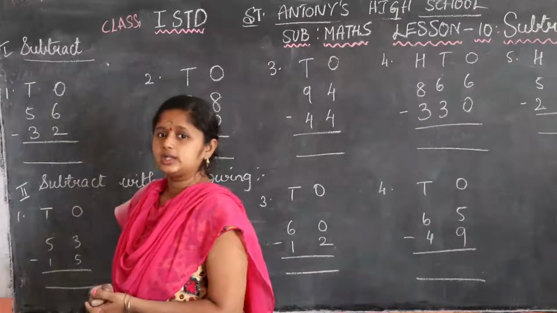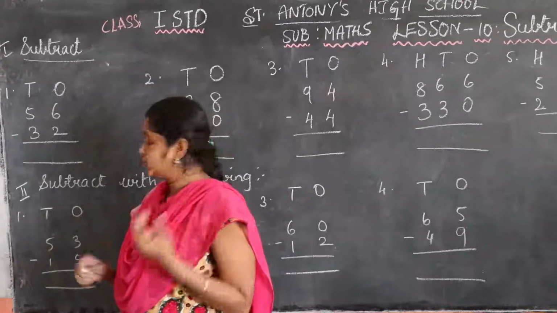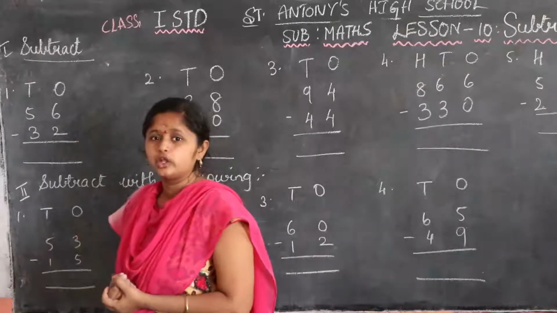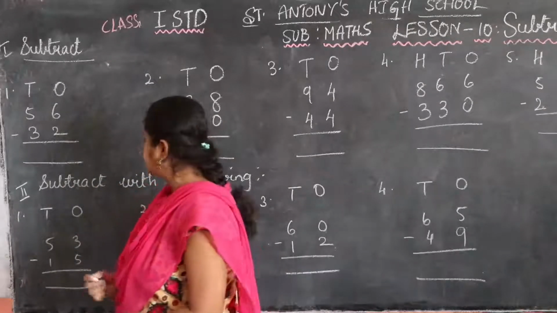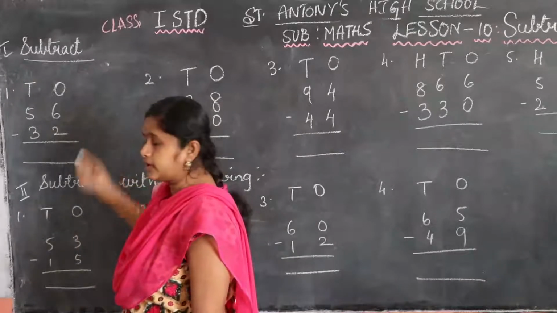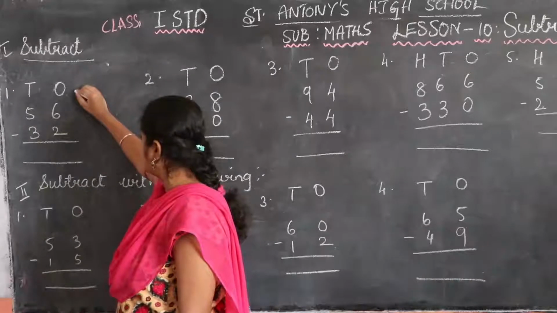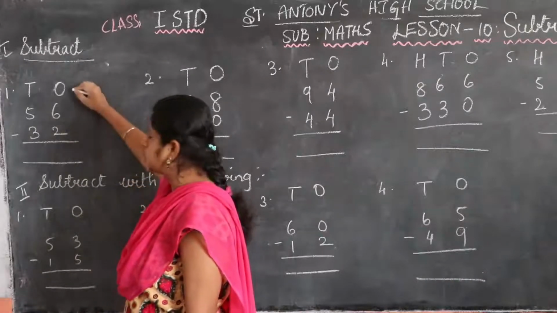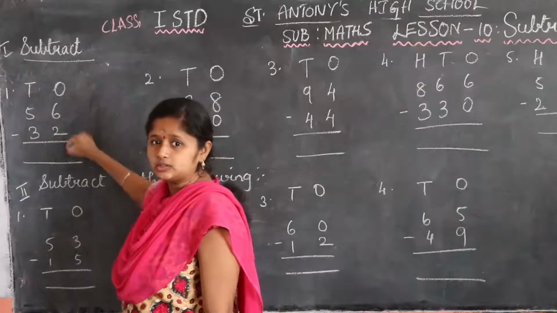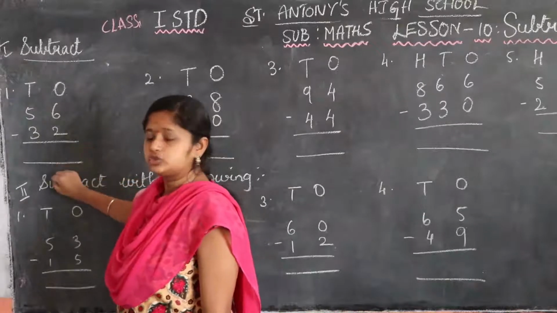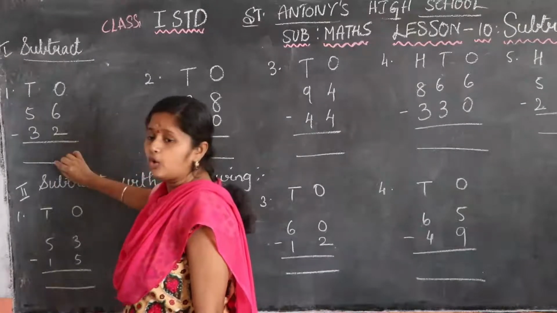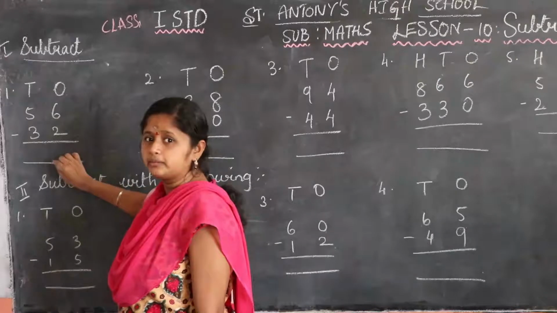And 2-digit numbers we are going to solve. Okay children, let's start. So always, while starting to solve the sums, you have to first go to the right-hand side, that is the ones place. First you have to solve the ones place number.